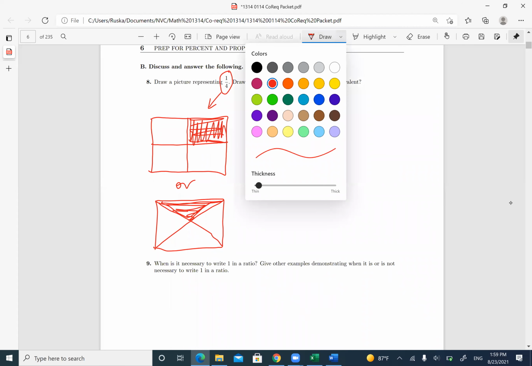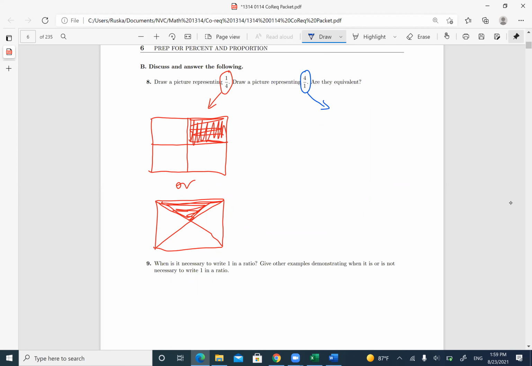Now let's do the 4 over 1. What is 4 over 1? You're going to divide it by 1, which means you're going to have a whole piece. It can be a rectangle also. I'm going to keep it a whole, and I'm going to get 4 of those.